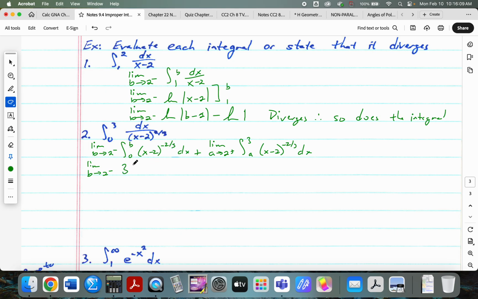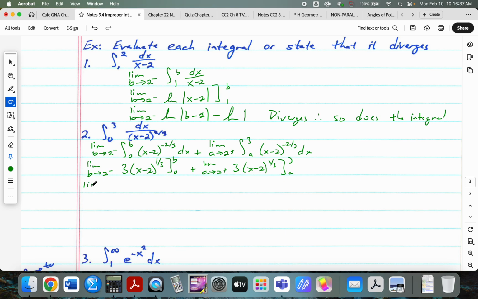So this will be 3 times (x minus 2) to the 1/3 power from 0 to b, plus the limit as a goes to 2 from the right of 3 times (x minus 2) to the 1/3 power from a to 3.